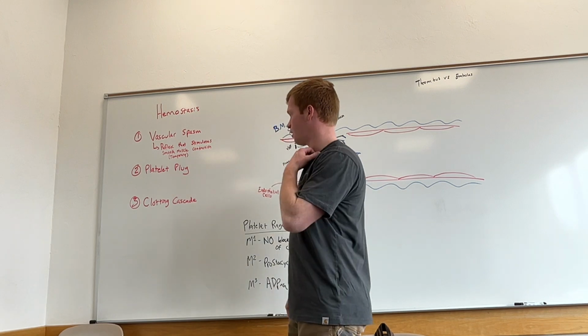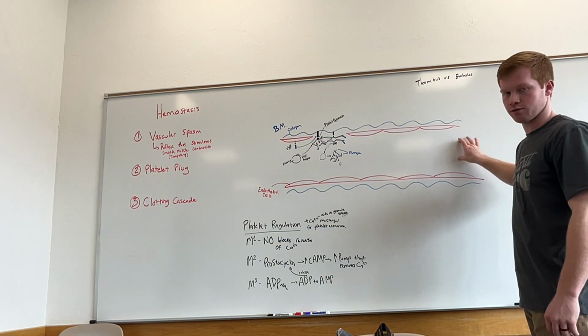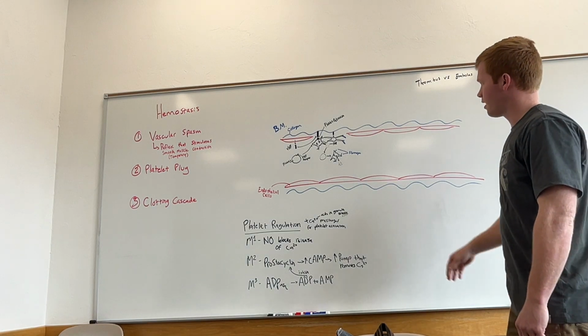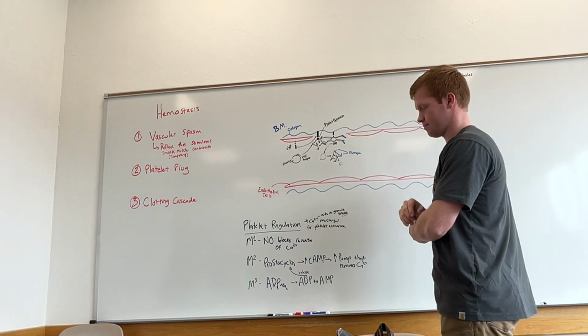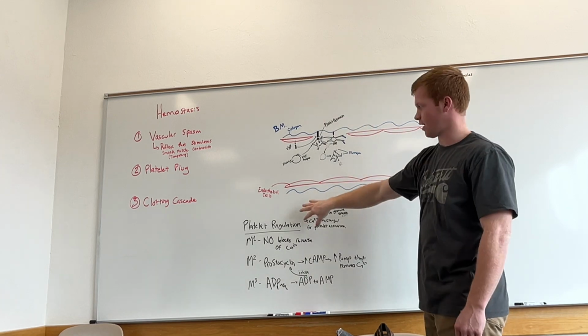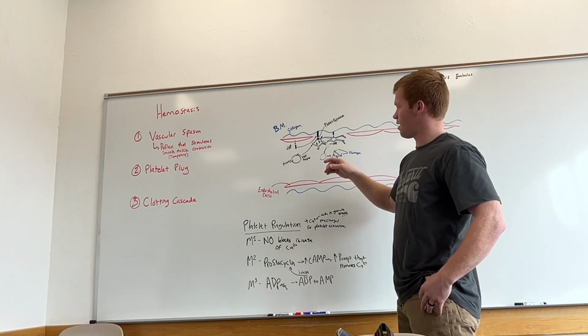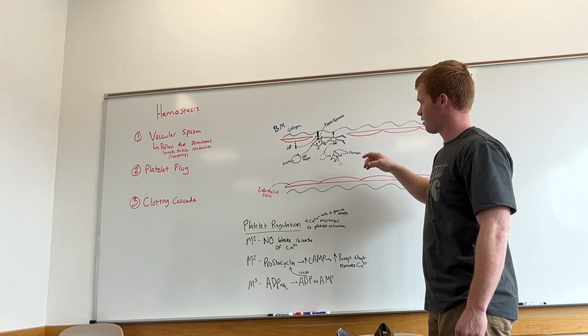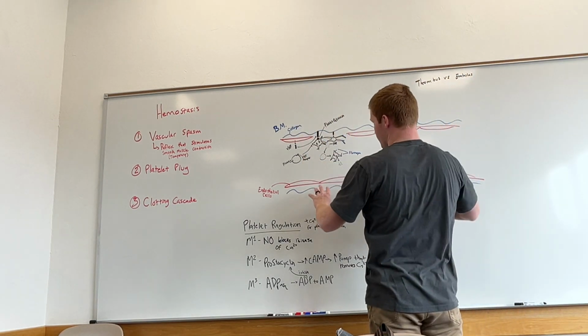For the platelet plug, we're going to talk about it first. So right here we have a blood vessel, and up here we have the collagen or the basement membrane, and beyond that we would have smooth muscle, but in this case I didn't draw it. But for vascular spasm, we have the smooth muscle right here.